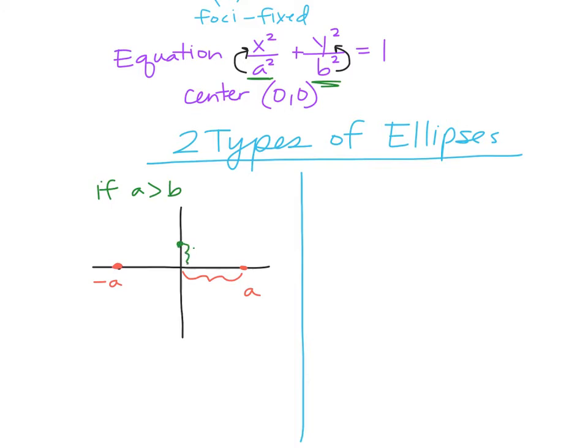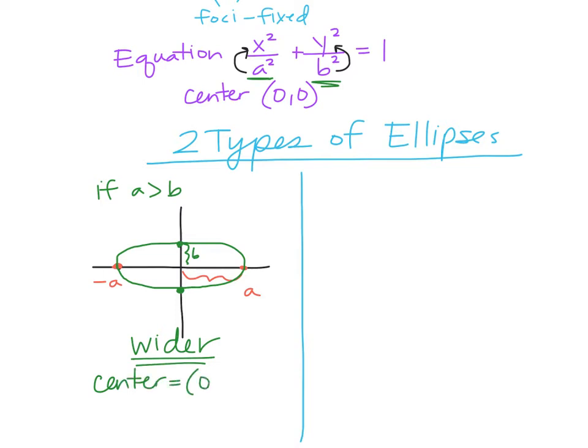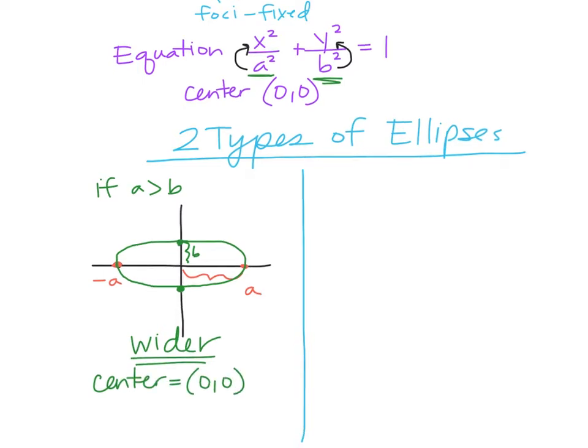This is a length of B, and the opposite direction, this is negative B, would be there. What happens is our ellipse is wider than it is tall, right? So when A is bigger than B, it is wider than it is tall, okay? Our center, like we said, is 0, 0, which will not change for today.